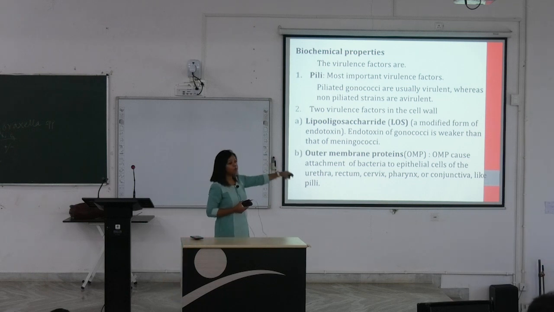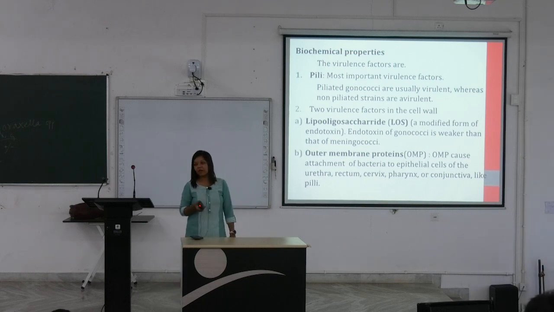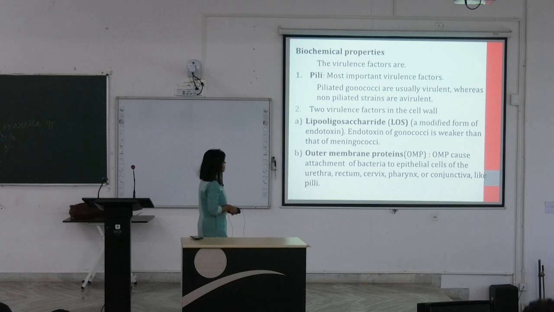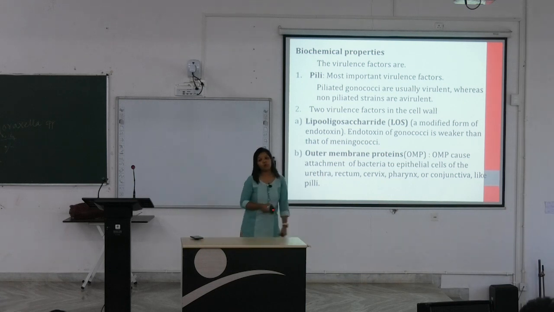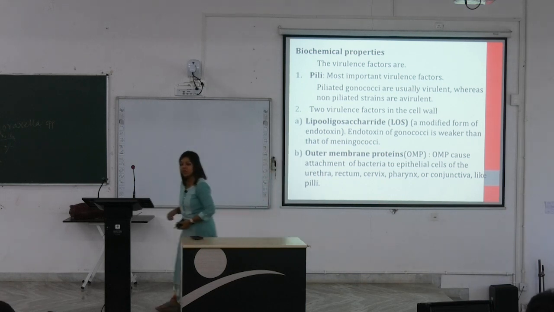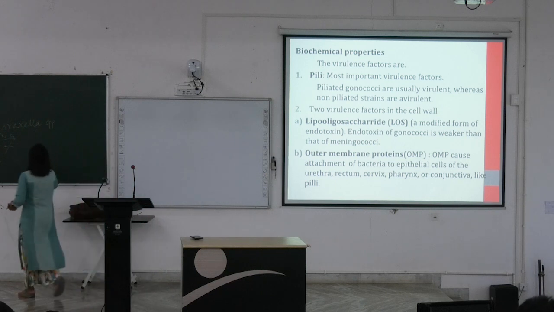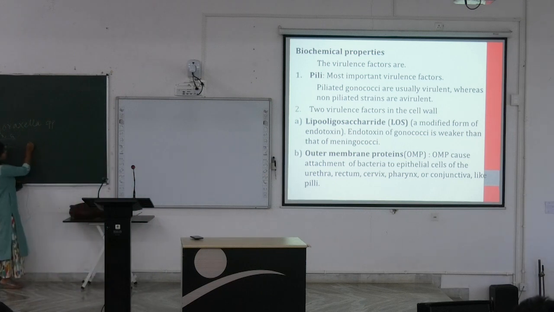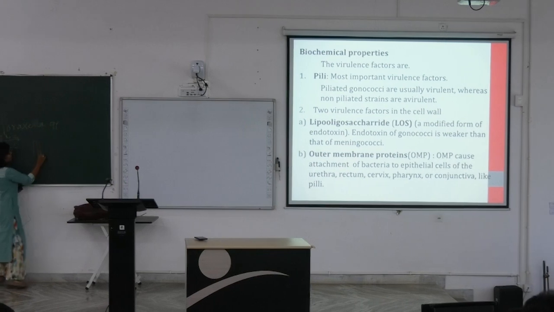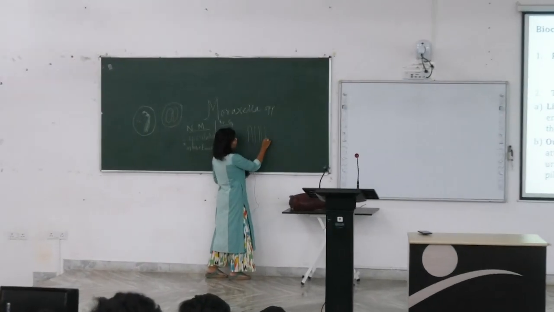This outer membrane protein, you have read it in the gram negative bacteria cell wall structure. These are called the outer membrane proteins, these are called porin channels. These are the polysaccharide membrane.